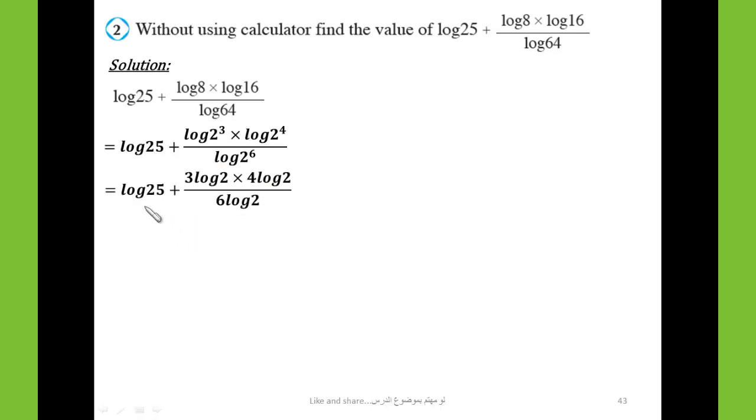So we have log 25. We will not change it, and we use the property of the power. Log 2 power 3 equals 3 log 2, log 2 power 4 equals 4 log 2, and log 2 power 6 equals 6 log 2. And we simplify this part.